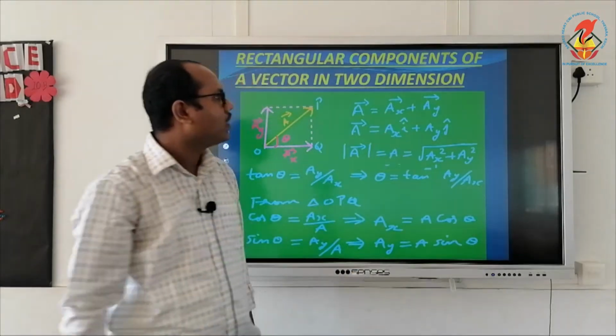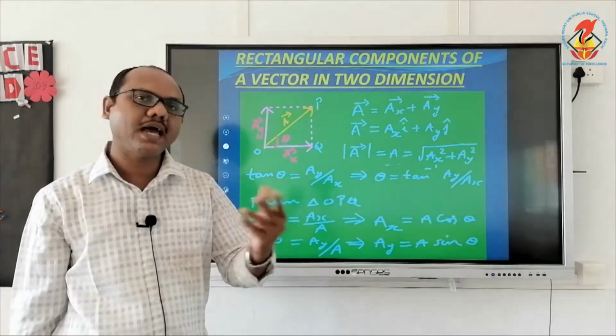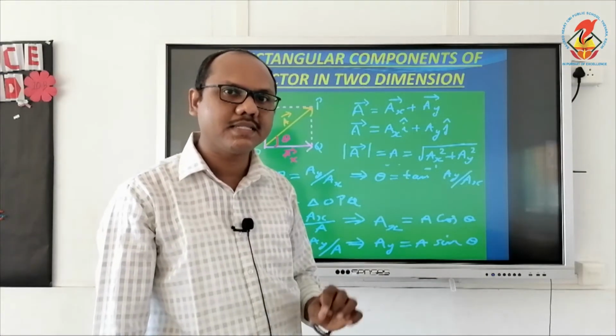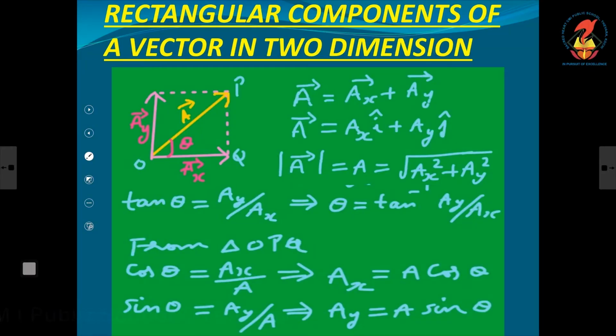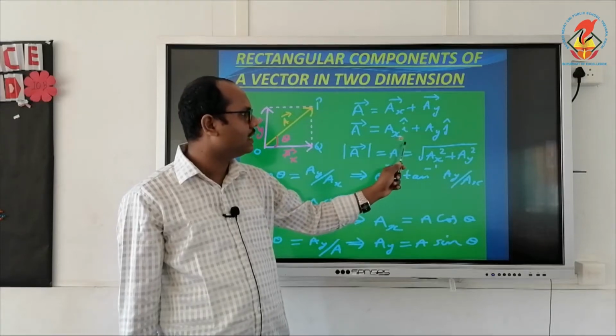As I told you, any vector is having magnitude and direction. So the magnitude of vector Ax is written as Ax and direction of vector Ax is written as i cap. So vector Ax can be written as Ax into i cap.